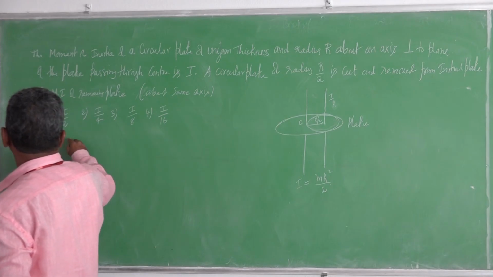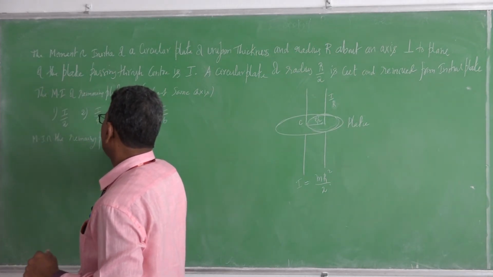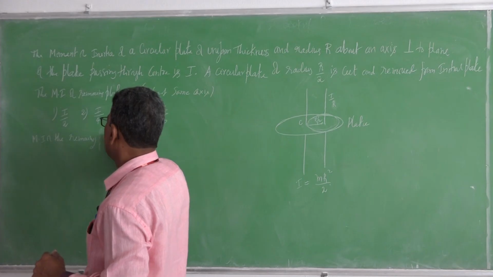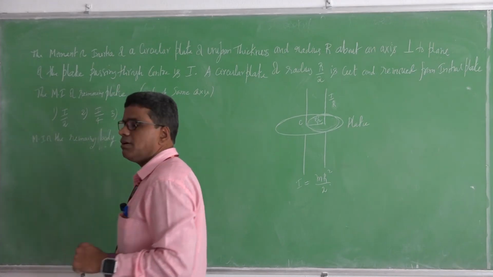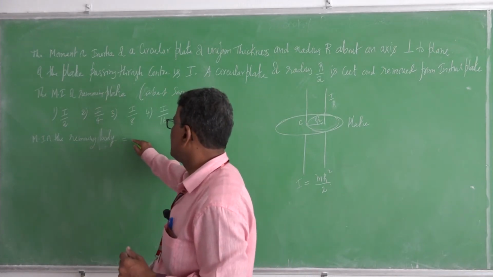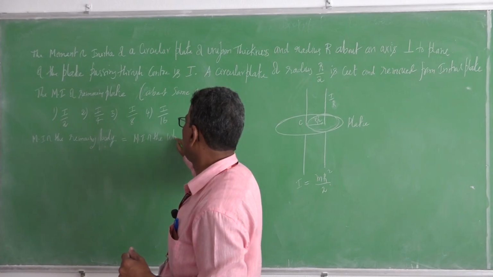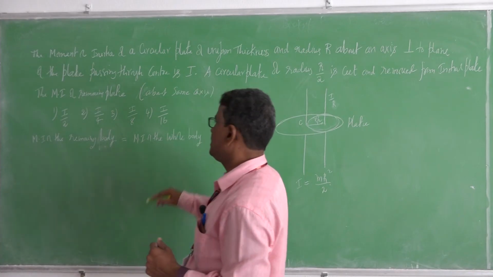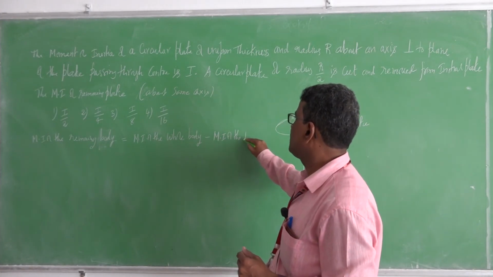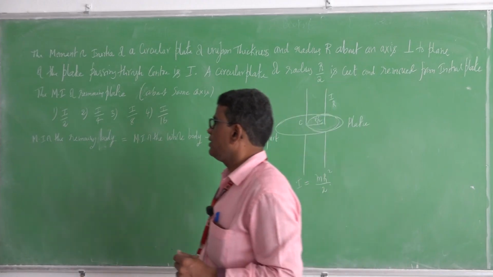So how can we solve such types of problems? The moment of inertia of the remaining body is the moment of inertia of the whole body minus the moment of inertia of the removed part, about the same axis.